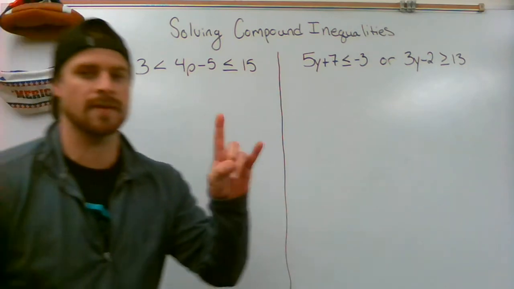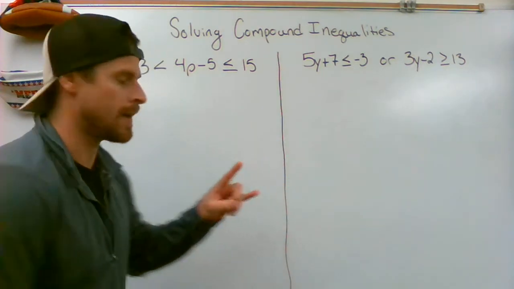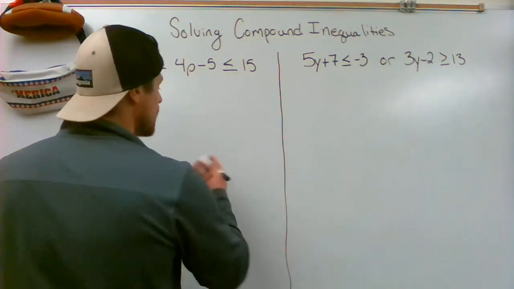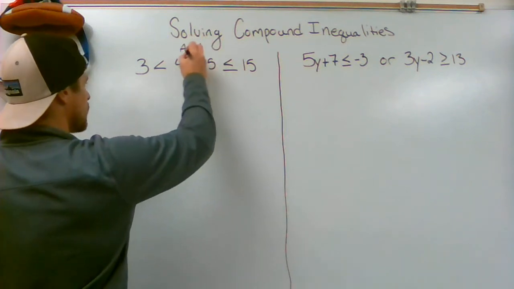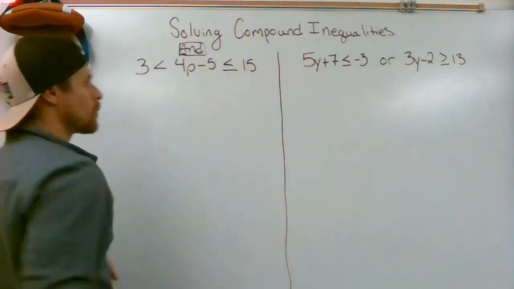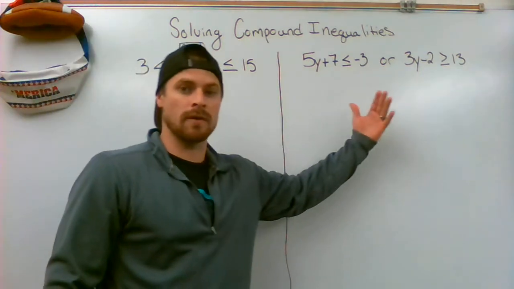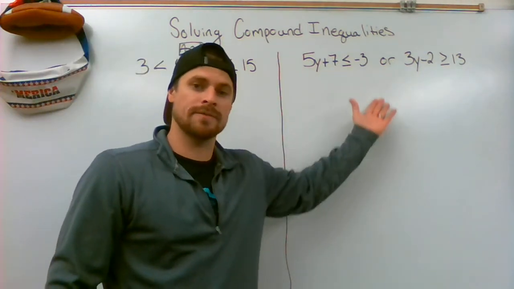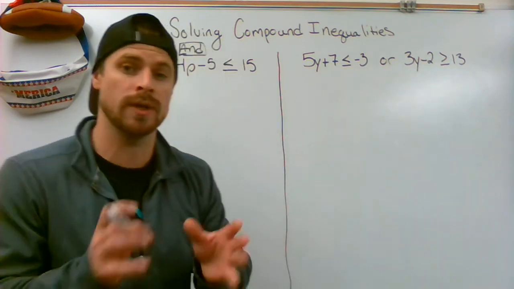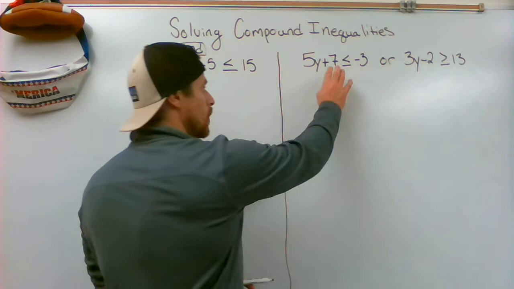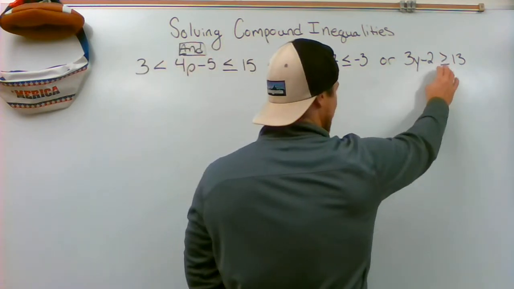There's two types of inequalities given here. On the left side, what we have is an inequality involving the word and. On the right side, we have an inequality involving the word or. That one's very obvious because we actually write the word or in between the two inequalities. There's one inequality here, a second inequality there.